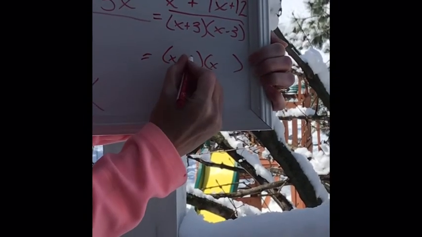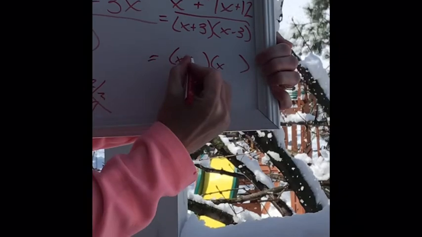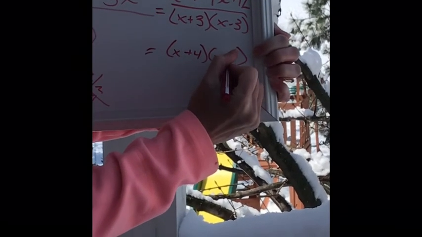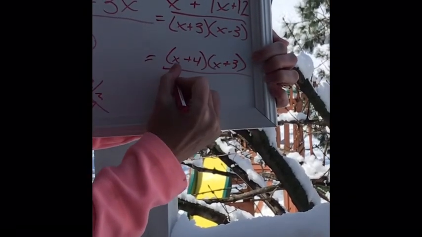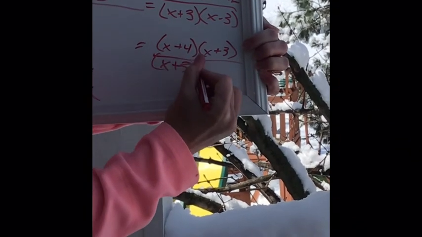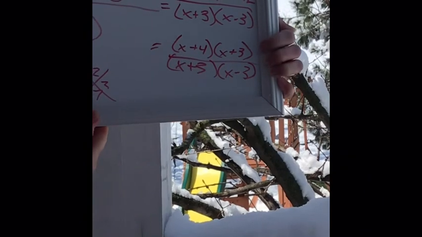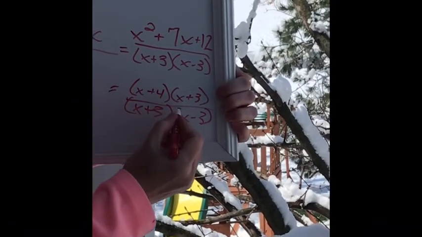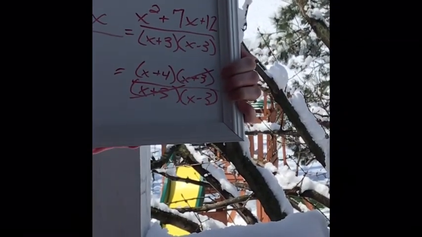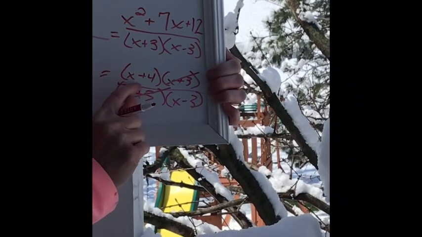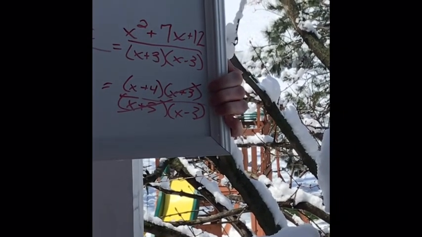Thank you. All right, so we're going to have x plus 4 and x plus 3 over x plus 3 and x minus 3. What do we get to do, guys? Yes, we get to cross stuff out. So then my final answer is going to be x plus 4 over x minus 3.